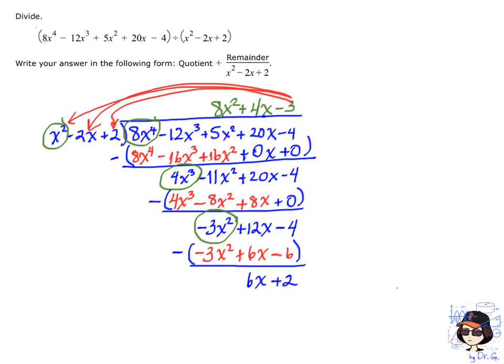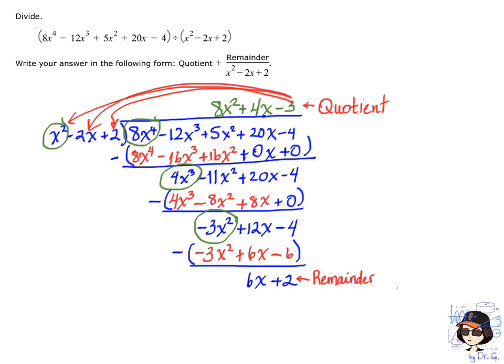And so now we look at the leading terms, 6x and x squared, and we can't do any more division. So we're done. So we have a quotient, 8x squared plus 4x minus 3, and we have a remainder, 6x plus 2.